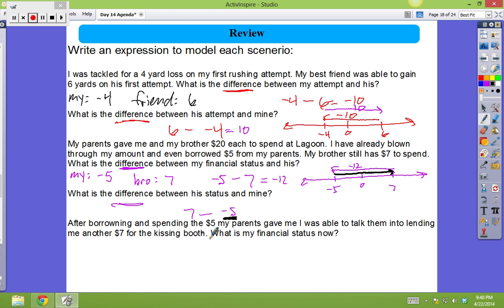My financial status was a -5, and then I talked them into lending me some more, so I'm going to add to that another $7. So my debt plus another debt of $7, my total is negative 12 now. So this one was kind of a join problem.